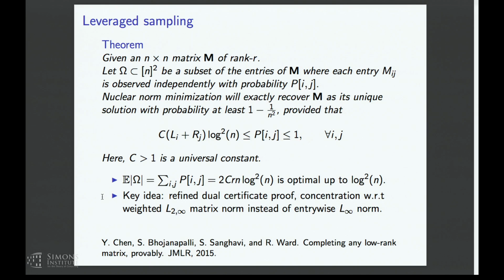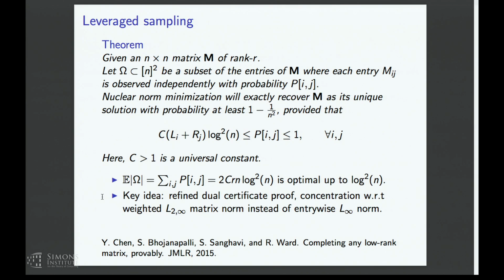And so we can derive a good way to sample that matrix. So if the ijth entry of the matrix is observed independently with the probability Pij, which is greater than or equal to the sum of its corresponding row and column leverage scores times, again, log squared n and universal constant c.